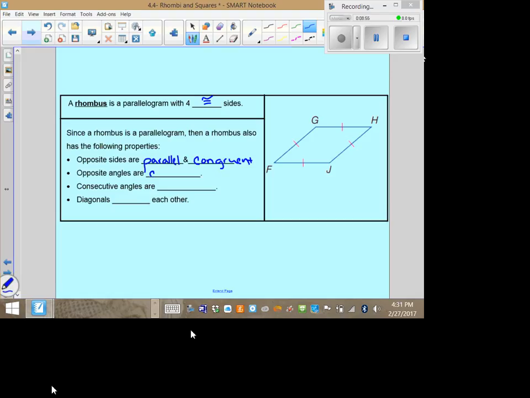Opposite angles are congruent. Consecutive angles are supplementary. And diagonals bisect each other. So again, that's just reiterating the properties of a parallelogram.